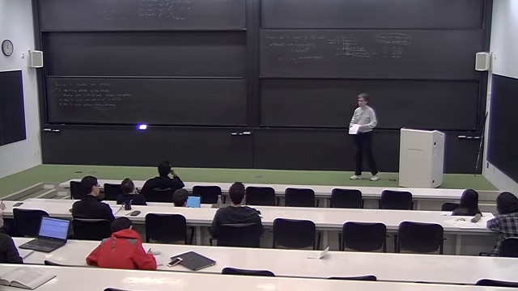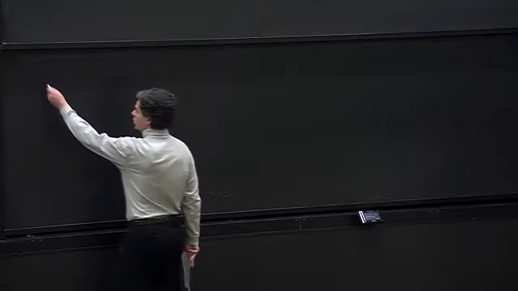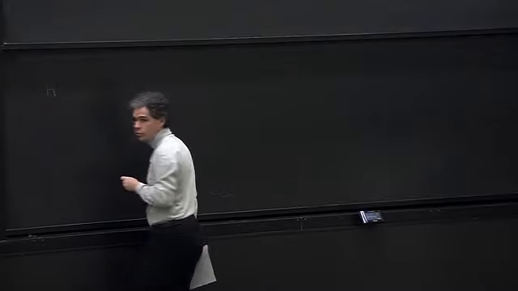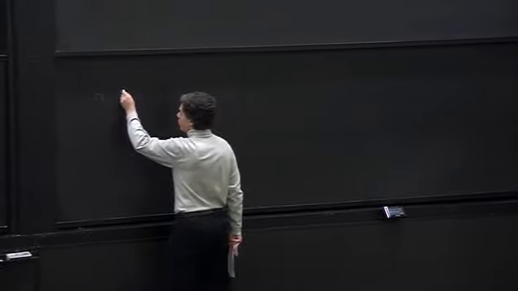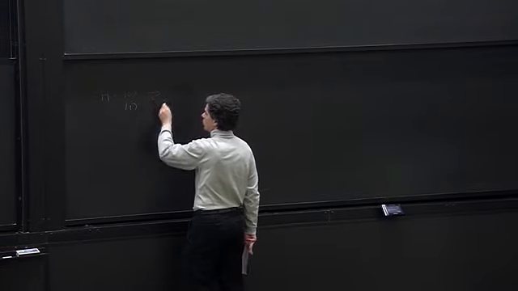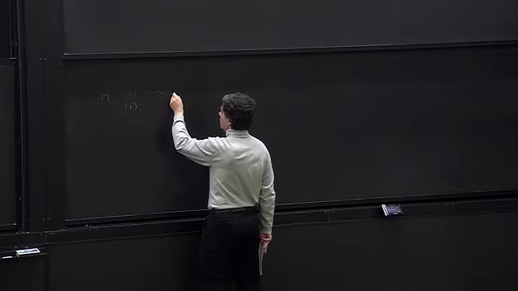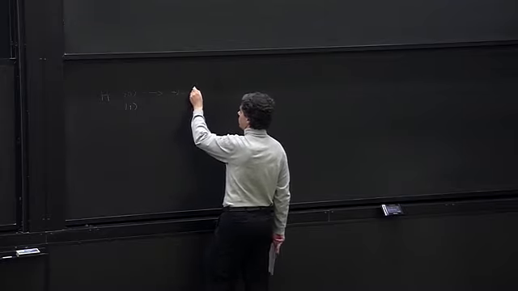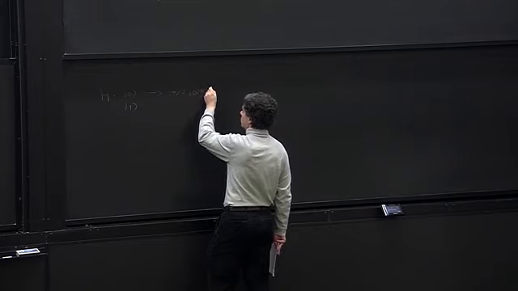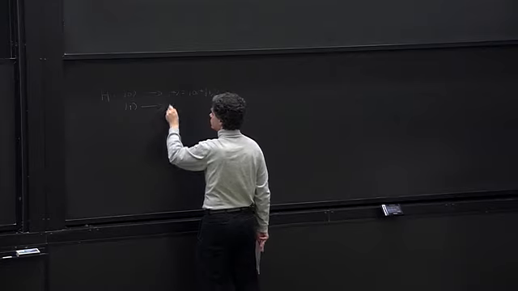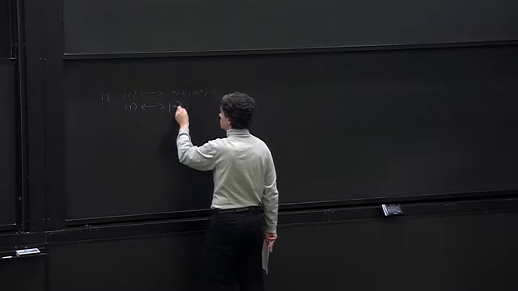OK, so the main idea here is the Hadamard transform. What does it do? Well, it maps the 0, 1 basis, which are eigenstates of the Z operator, to the plus minus basis, and vice versa.